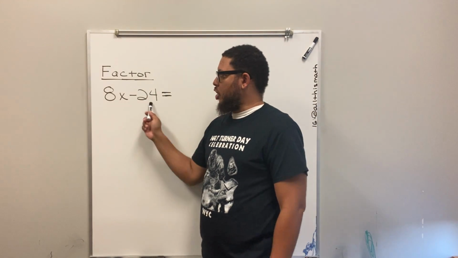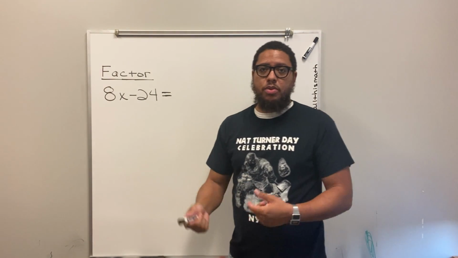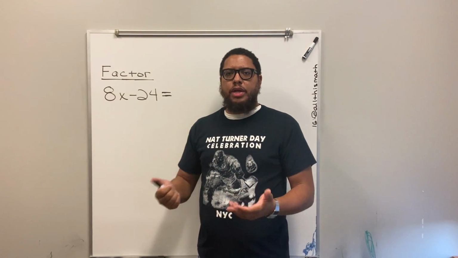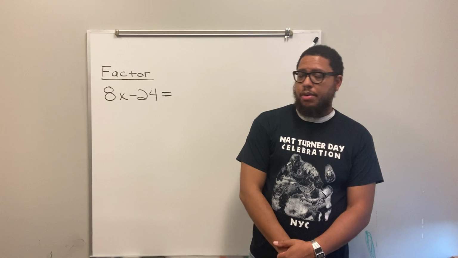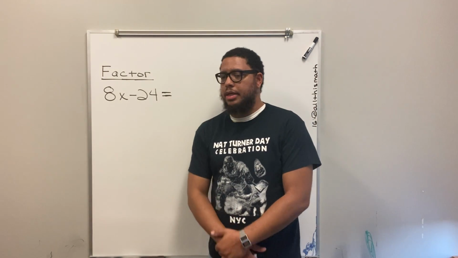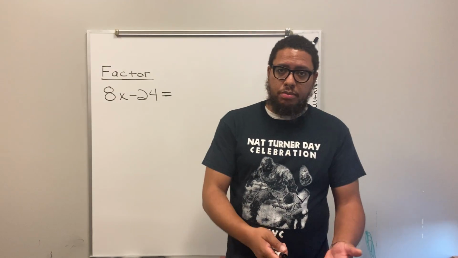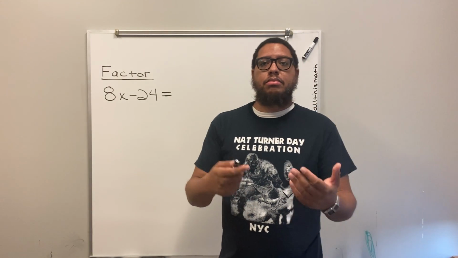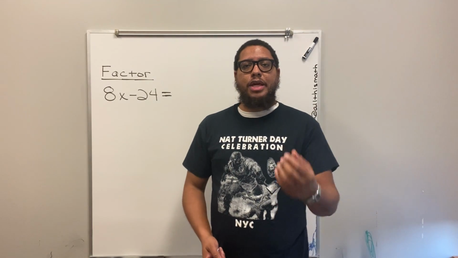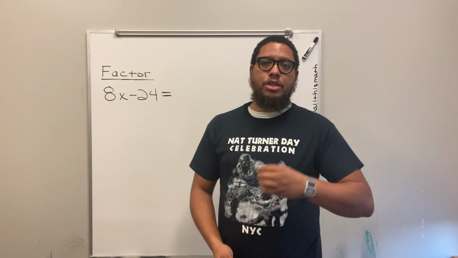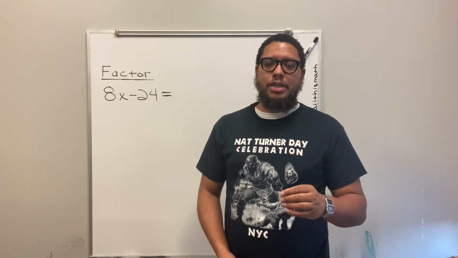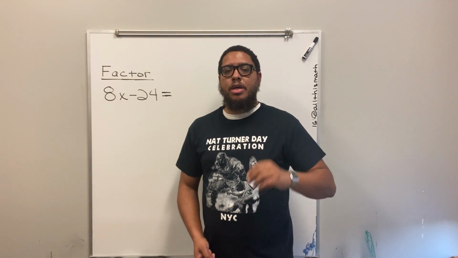You look at these two terms, or however many terms you have; in this case, I have two terms. And you ask, what is the greatest common factor of those terms? I look at 8 and 24, and because I know my multiplication facts, I know the greatest common factor of 8 and 24 is 8.